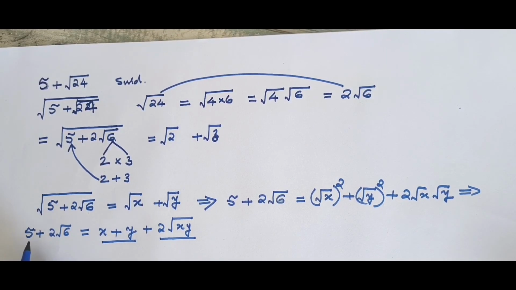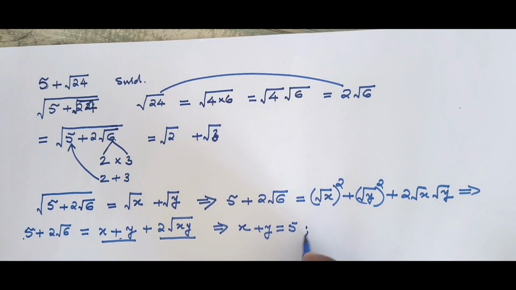So given two surds which are equal, you can equate the rational parts. That means x plus y equals 5, and the irrational parts are, let me write this first, 2 root xy equal to 2 root 6.